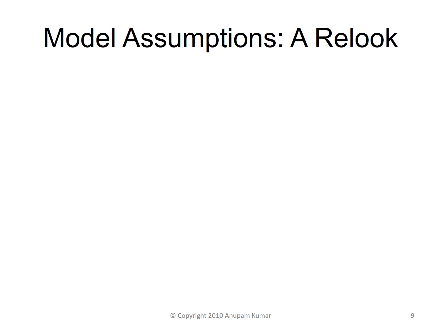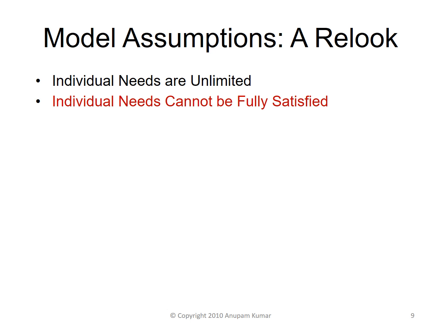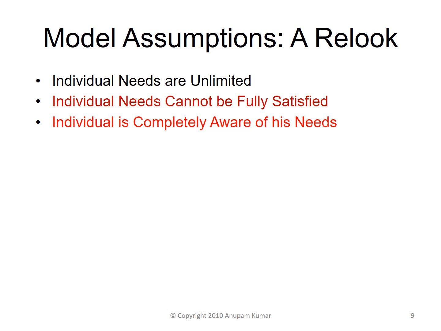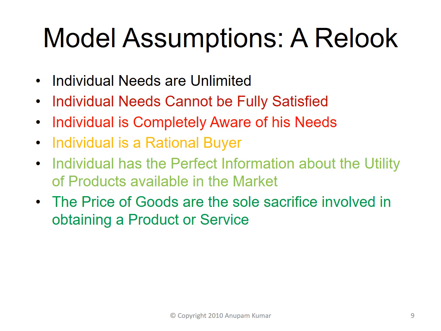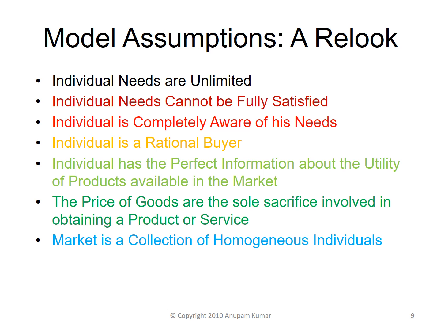So let us have a relook at the model assumptions. The model assumptions are that individual needs are unlimited, individual needs cannot be fully satisfied, the individual is completely aware of his needs, the individual is a rational buyer, the individual has perfect information about the utility of the products available in the market, the price of goods is the sole sacrifice involved in obtaining a product or service by the individual, and finally, the market is a collection of homogeneous individuals.